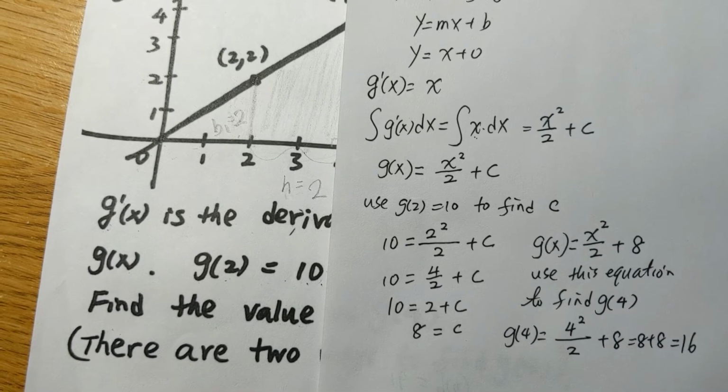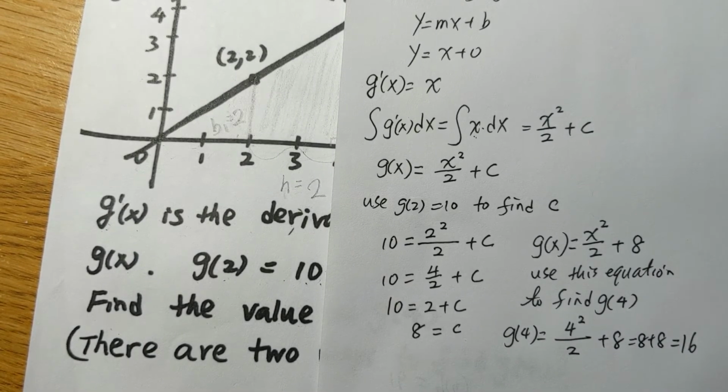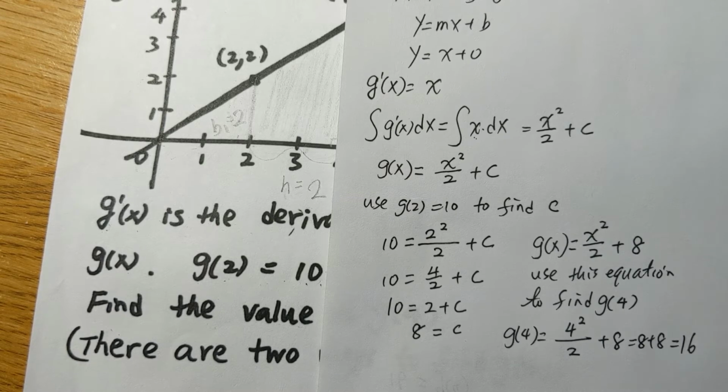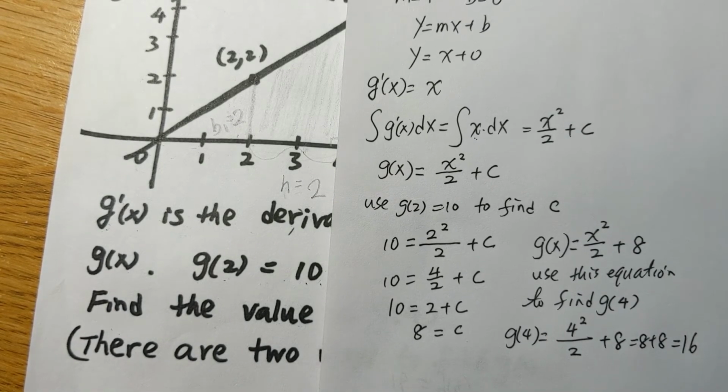So we get the same answer. This method is correct. You probably see it a lot in the physics class, but I don't suggest you use it in my class. You will find out FTC is much easier to use. Now let's take a look at question number 2.